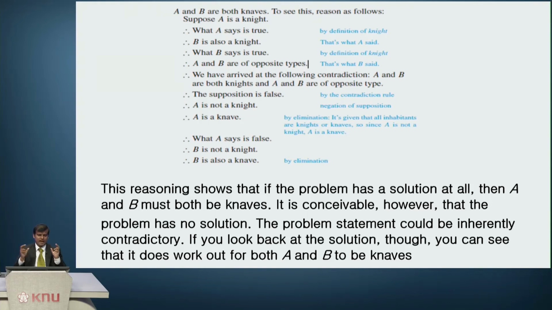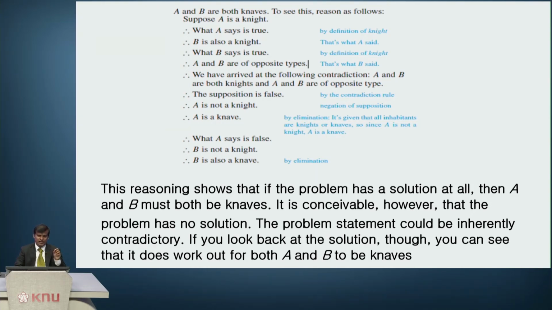Initially we supposed that A is a knight. So A is not a knight. If A is not a knight, then A is a knave. If A is a knave, what A says is false, which means that B is not a knight.